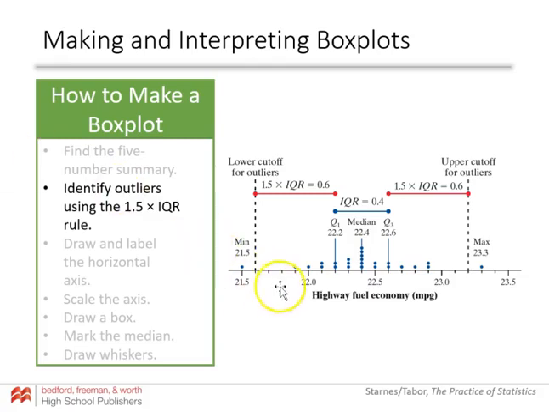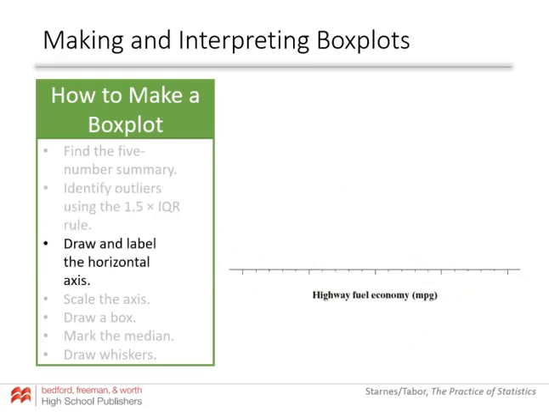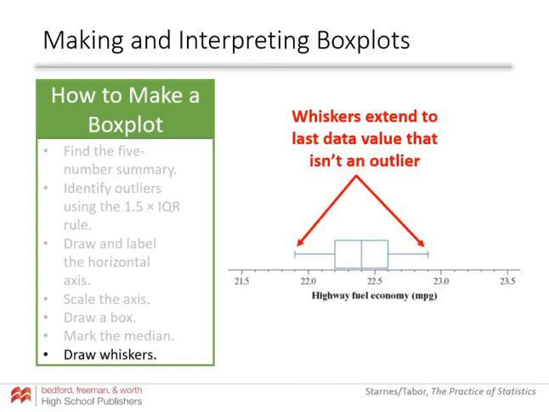Okay, so I know that my line has to go at least from 21.5 to 23.3 because that's my max and min in my data. All right, so those are my outliers. I'm going to make a number line, and I'm going to make sure that those numbers are included. I'm going to draw a box from Q1 to Q3, and then I'm going to put a line in the middle for the median. My whiskers are going to go out to the last data value that isn't an outlier.